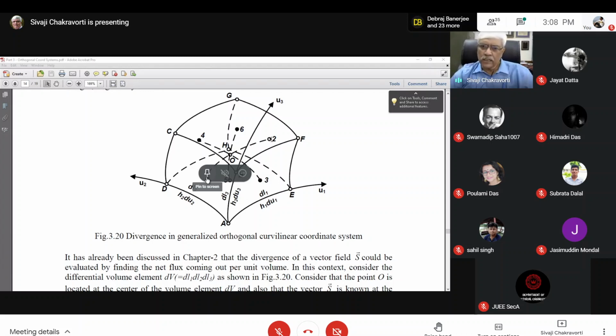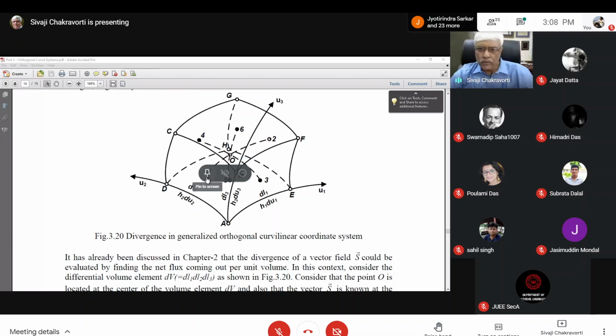Since they are all in the u1 direction, naturally B and C will be 0 because those coordinates are not varying. Only A, which is in the u1 direction, will vary. Now see, between A and E, that is h1 into du1, that means dl1.